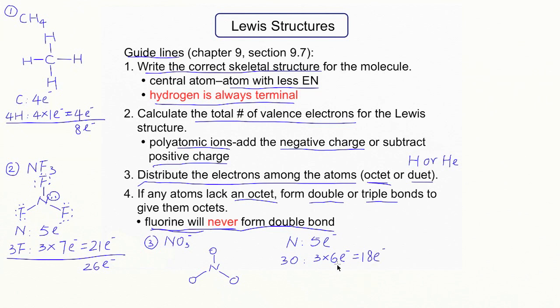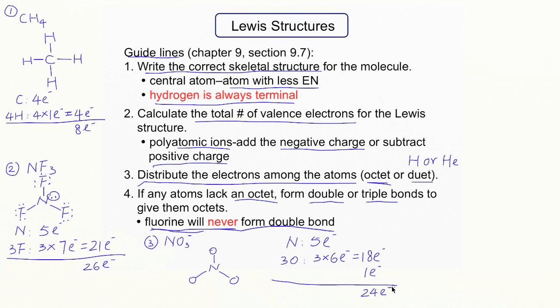Like I said in step 2, if you have a negatively charged polyatomic ion, you need to add the negative charge when you count the total valence electrons. Since it has 1 negative charge, you need to add 1 electron. So it's 24.